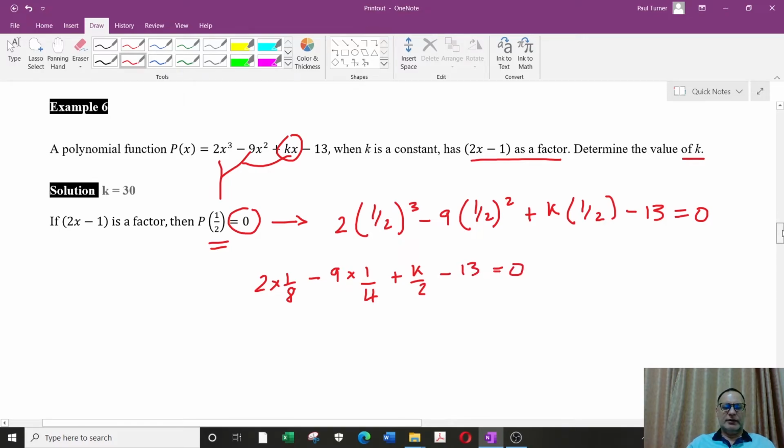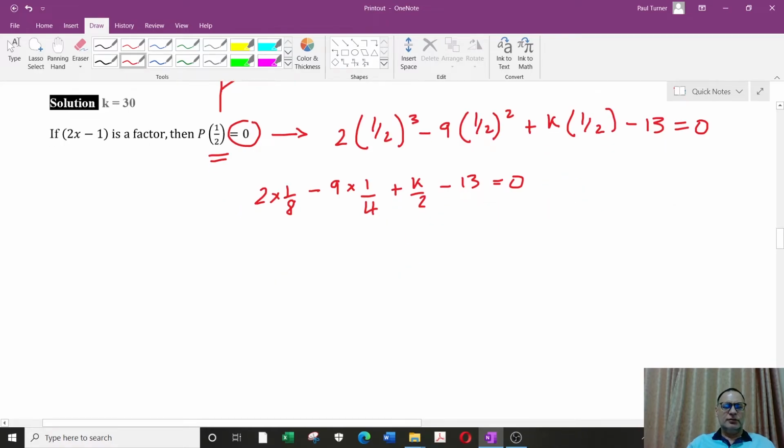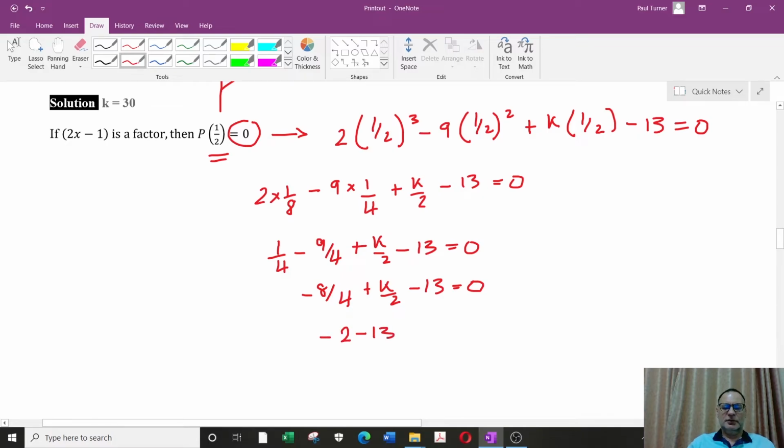So we can do this without a calculator, not too many problems. 2 on 8 is 1 on 4, minus 9 on 4, plus k on 2 minus 13 equals 0. So 1 on 4 minus 9 on 4 is minus 8 on 4, plus k on 2 minus 13 equals 0. Minus 8 on 4 is minus 2. We have a minus 13, so let's put that there. Plus k on 2 equals 0.